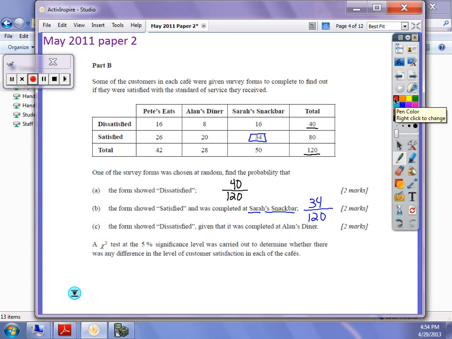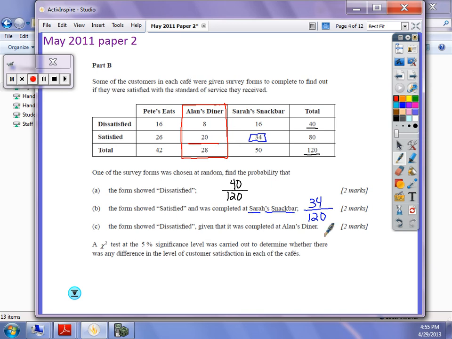Now, the next part says, find the probability that the form shows dissatisfied given that it was completed at Alan's Diner. Remember, when we've got a given statement, we're reducing the amount of information in the denominator. So right here, we can see that the total number of people that completed the form at Alan's Diner is 28.